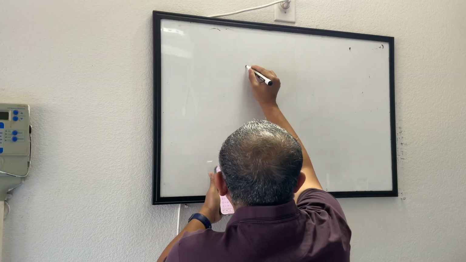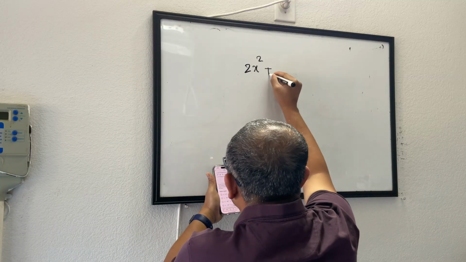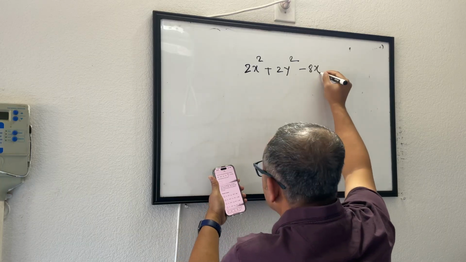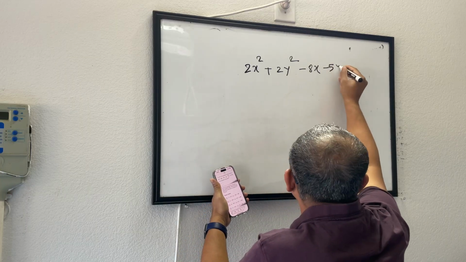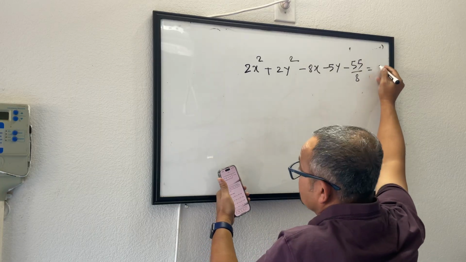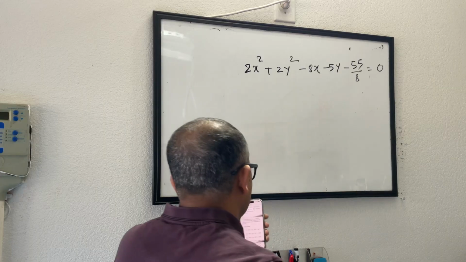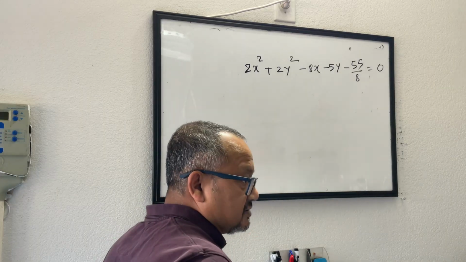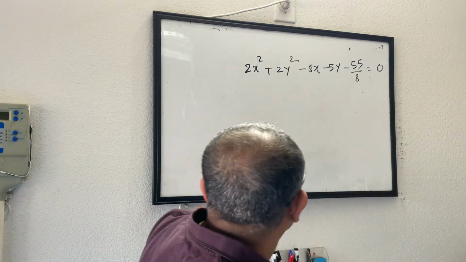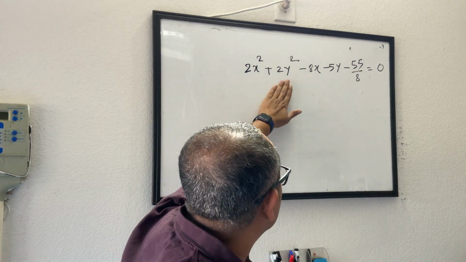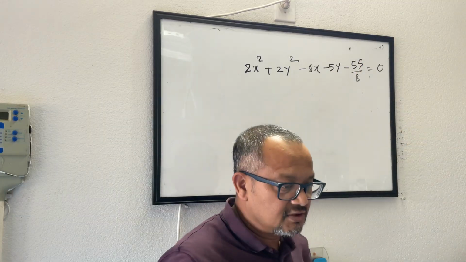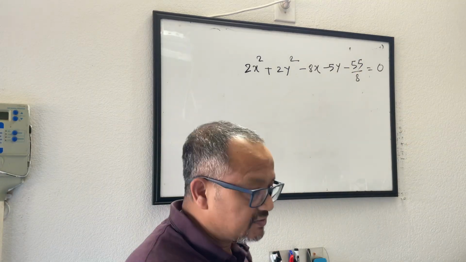It says 2x squared plus 2y squared minus 8x minus 5y minus 55 over 8 equal to 0. What is the diameter of the circle? So this is the equation given, 2x squared plus 2y squared minus 8x minus 5y minus 55 over 8 equal to 0. Find out the diameter of the circle.